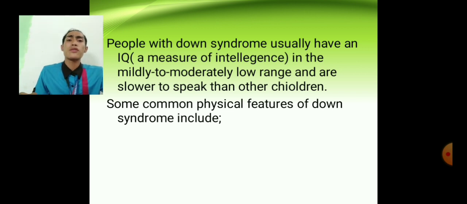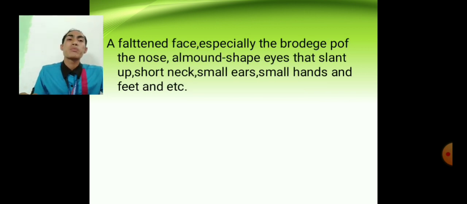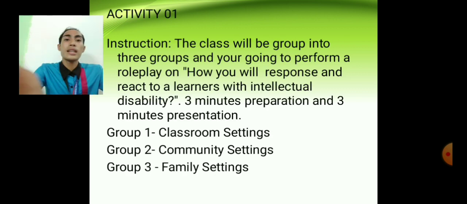Some common physical features of Down syndrome are a flattened face, especially the bridge of the nose, almond-shaped eyes that slant up, short neck, small ears, small hands and feet, etc. That's the difference between cerebral palsy and trisomy 21. But both are kinds of intellectual disability. And that's the end of our discussion today.